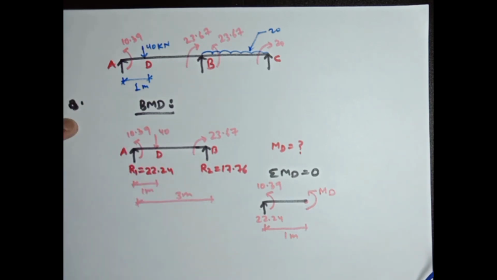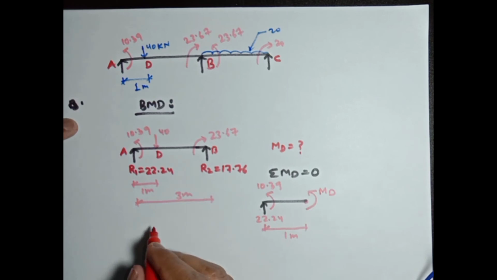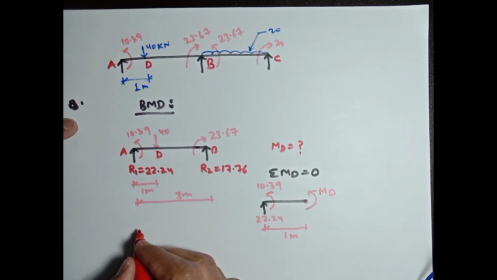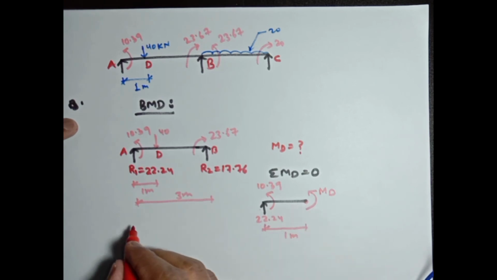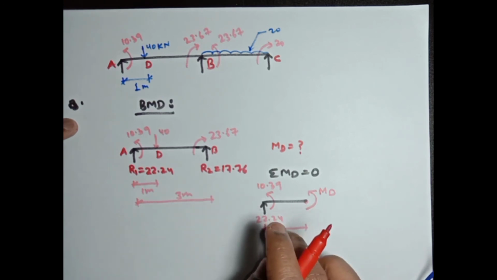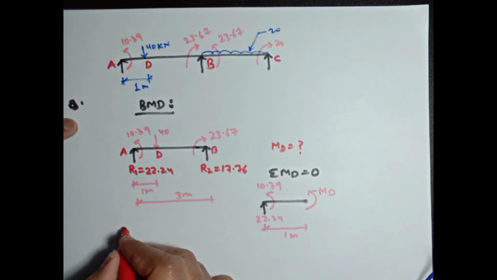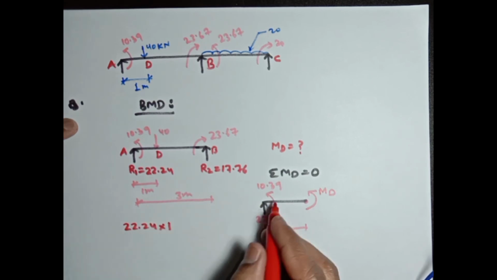The summation of all moment through this joint D will be R1 multiplying with this value. R1 will give a clockwise moment here, so R1 will be 22.24 multiplying with this one.